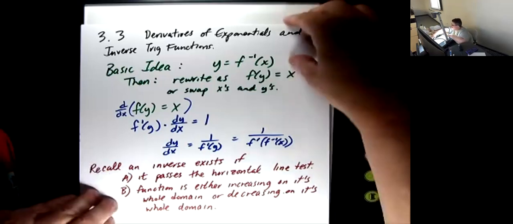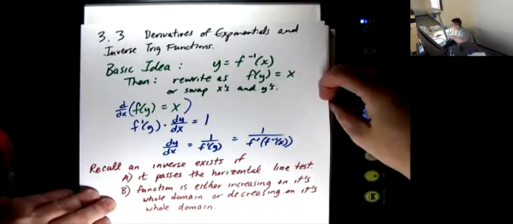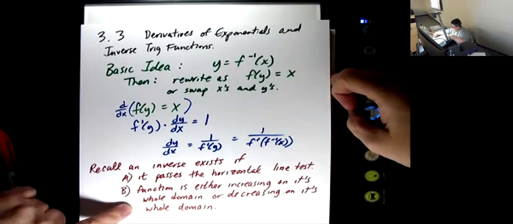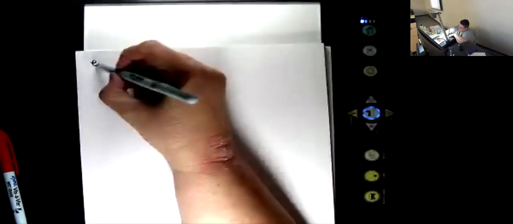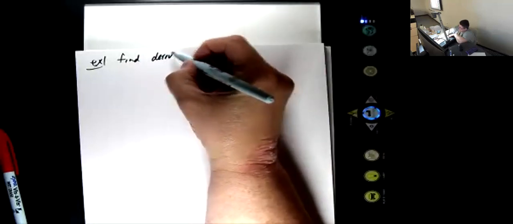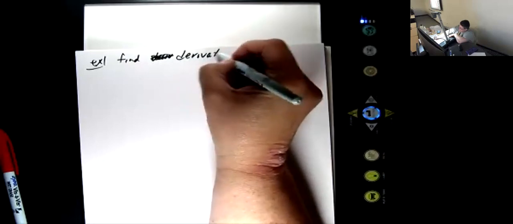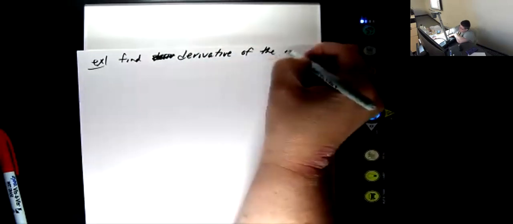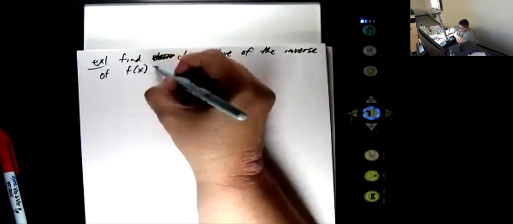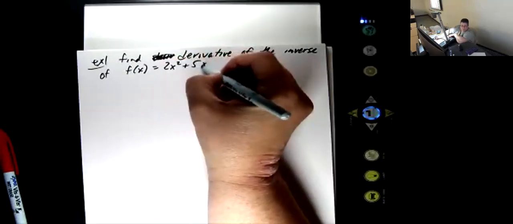All right. Does anyone need it longer? Let's take a look at this idea that it's increasing on its whole domain. Let's give an example. What we want to do is find the derivative of the inverse of f of x equals 2x cubed plus 5x plus 3.